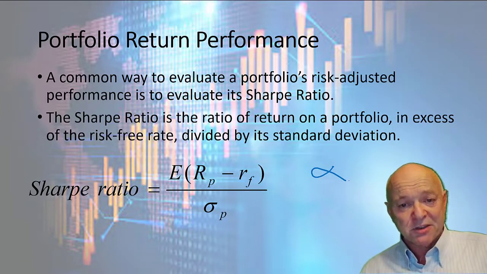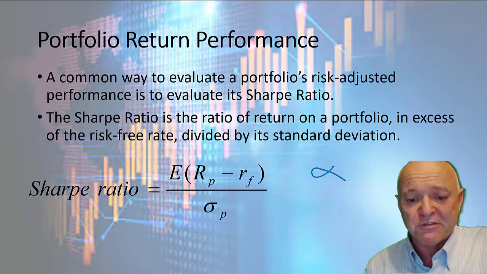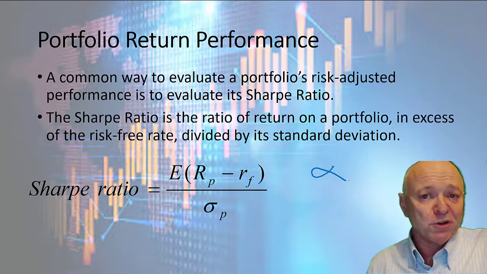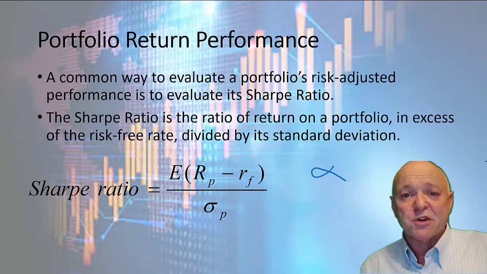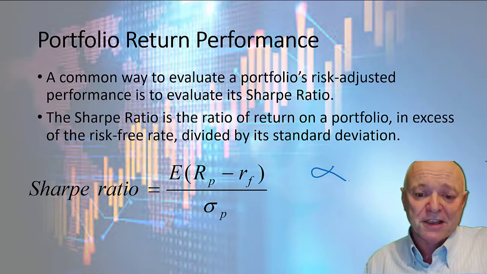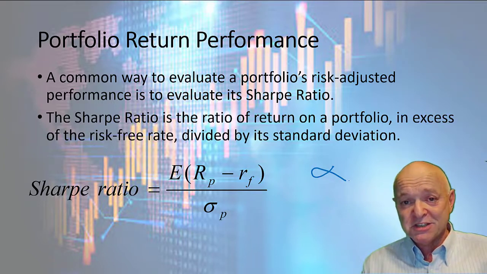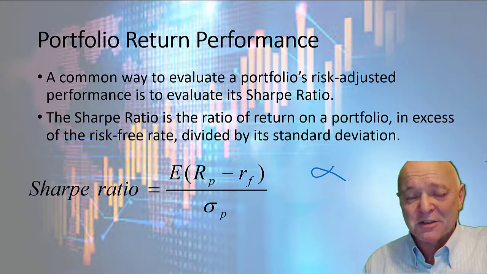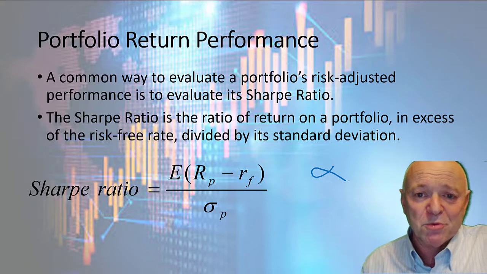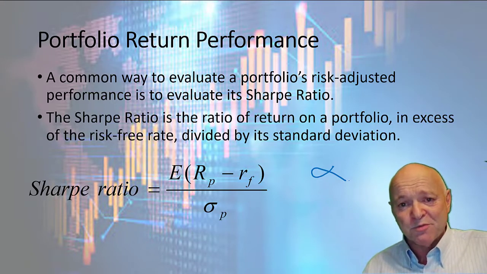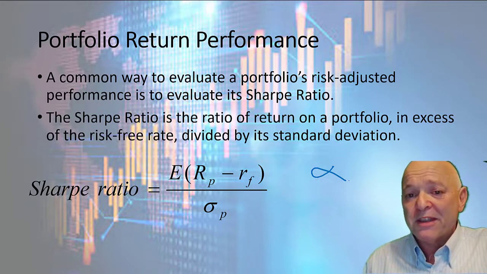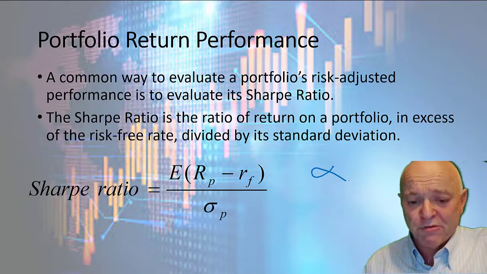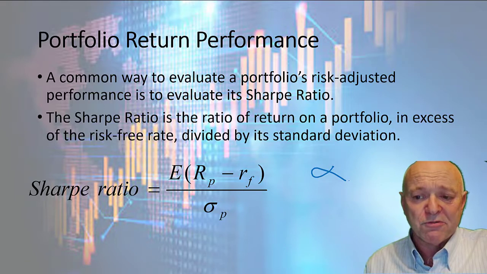So if we've said the risk-free rate for our type of investment is a 5-year bond and our portfolio produced X level of return, we just subtract the risk-free rate and say, look, we did so much better than our benchmark. And the benchmark might be, in some cases, some kind of equity market return, or risk-free rate of return if we're looking at bonds and so on. We compare that to the measure of risk for the portfolio, or the standard deviation of the portfolio.